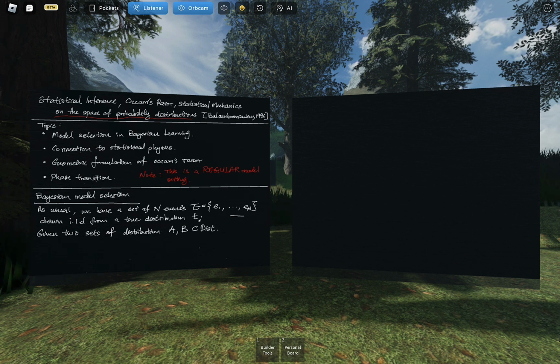So meaning to predict the probability of a new event, we are going to take the posterior weighted average over distributions inside each of these A, B sets and ask how close that is to the true distribution. Right.